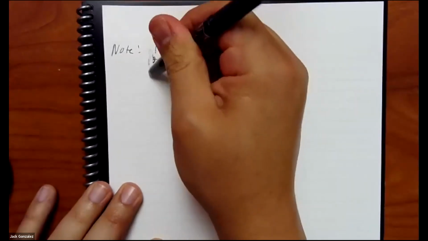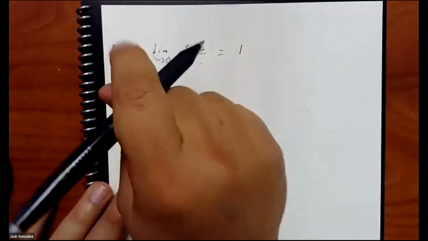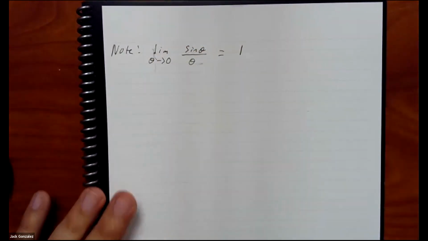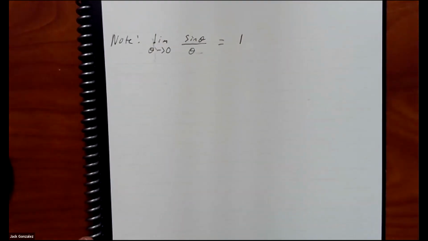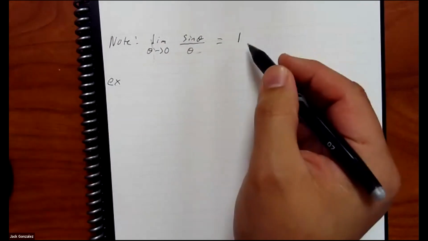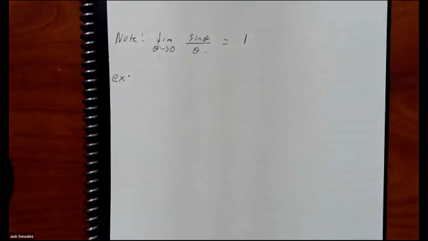All right, so that's the main one we're going to be using. And this is created by the squeeze theorem, but I'll let you read about it if you choose to, or watch the theory videos.